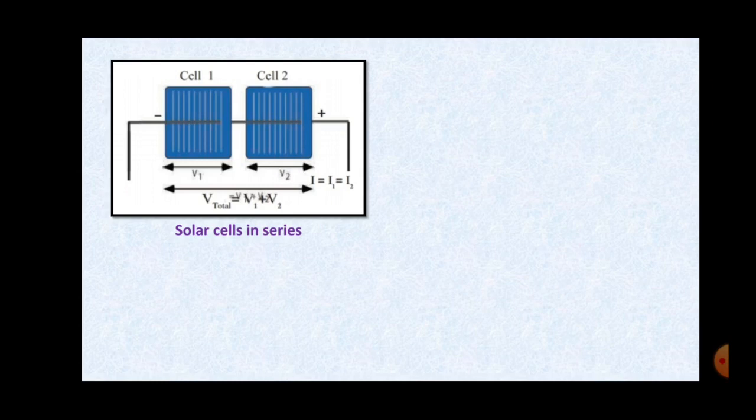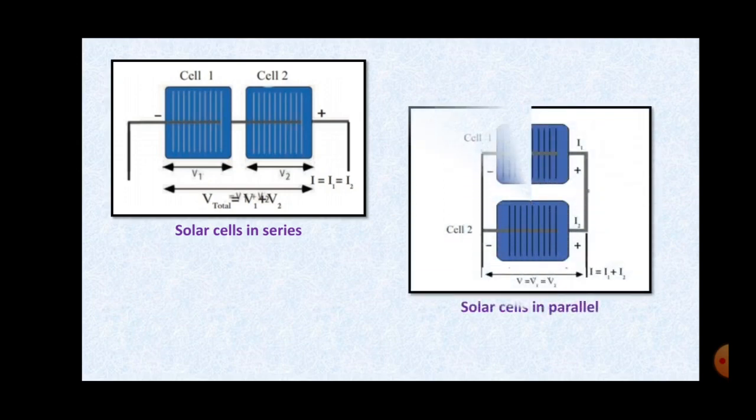Now these photovoltaic cells or solar cells can be connected to each other in two methods. In the first method, they are connected in series, one after the other, whereas in the second type they can be connected in parallel form. This you had studied in your 9th standard.